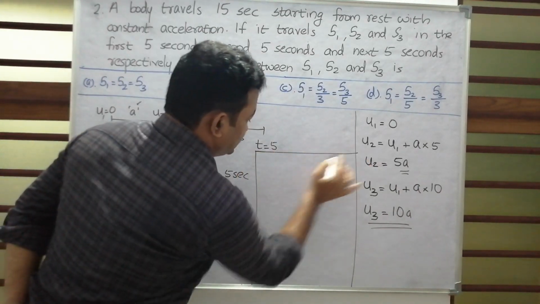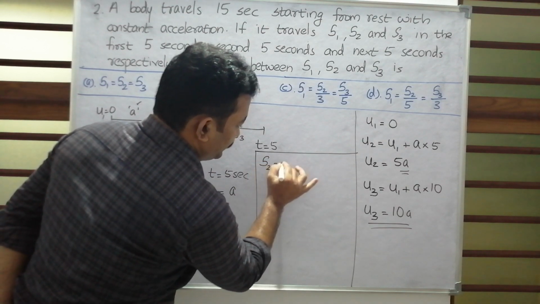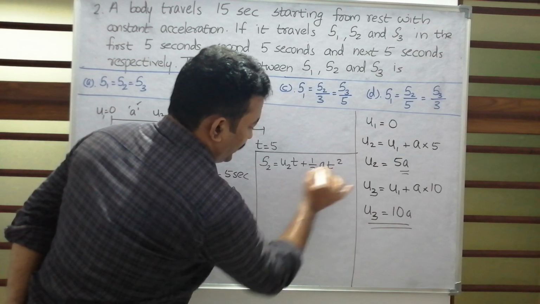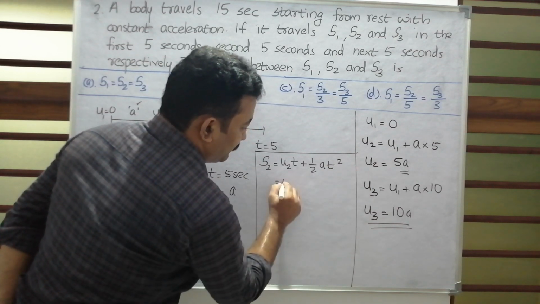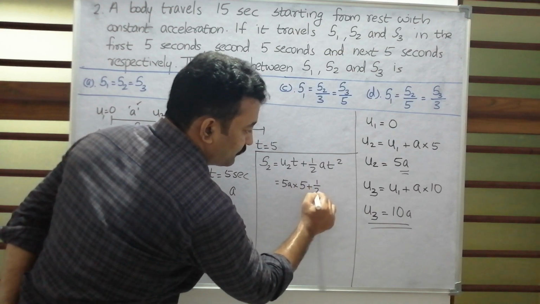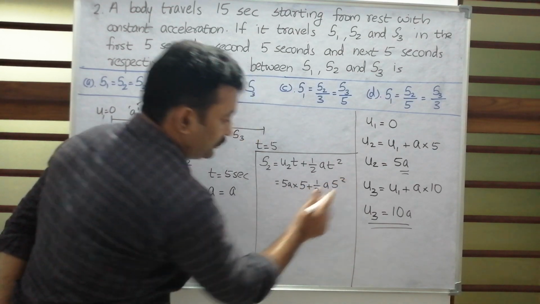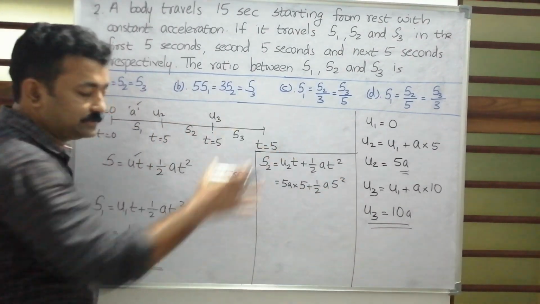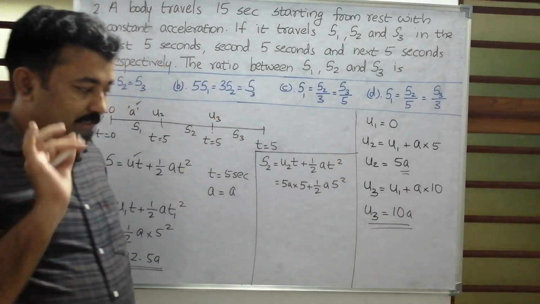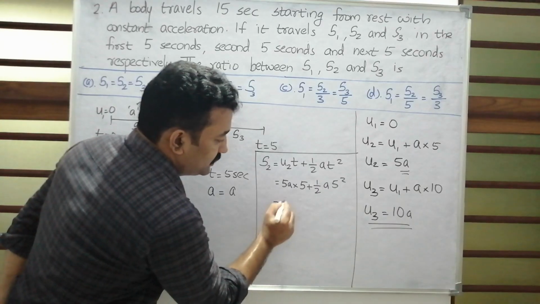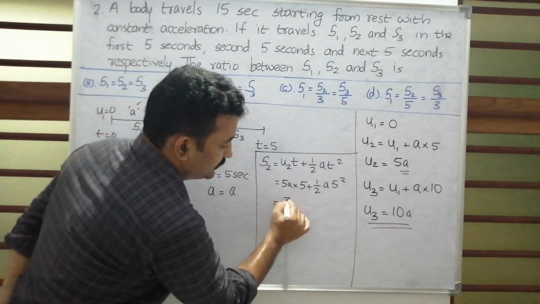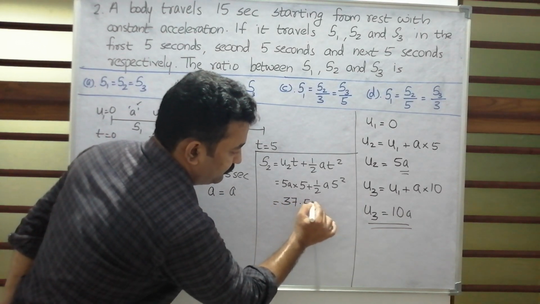For the particle, S2 is u2t plus half a t square. u2 is 5a, t is 5, plus half a 5 square. We know that every interval is 5 seconds each. Simplifying, this is 25a plus 12.5a, we will get 37.5a.